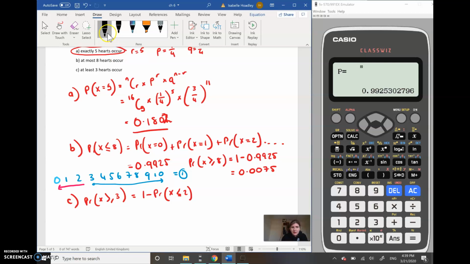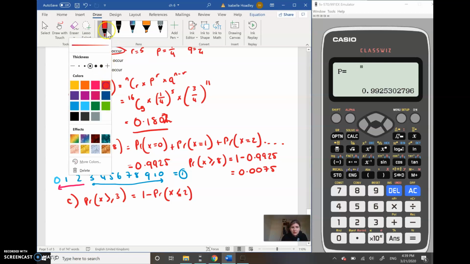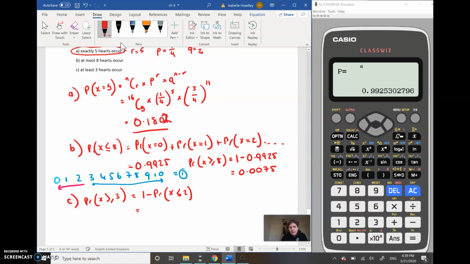So from here, I'll stick to red. We've got 1 minus the probability that x is less than or equal to 2. Again, we can use that binomial cumulative distribution in here. So binomial CD, again variable, and you're looking at where x is equal to 2, because we want that less than probability. Enter, enter.